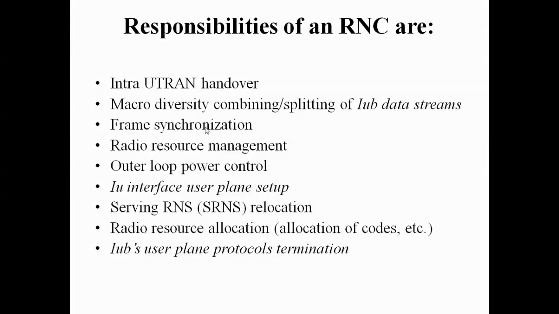These are the primary responsibilities done by the RNC. The main aim of this RNC is to use and allocate all the radio resources of the RNS, allocating radio resources to all the users who belong to the corresponding RNS.